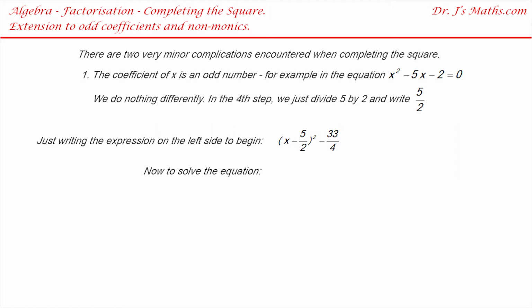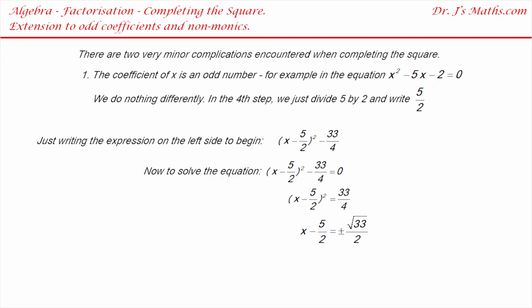Now we're going to solve the equation, so we write x minus 5 over 2 all squared minus 33 over 4 equals 0. Add the fraction to both sides, we have x minus 5 over 2 all squared equals 33 over 4. Take the square root, x minus 5 over 2 equals plus or minus the square root of 33, which is root 33.